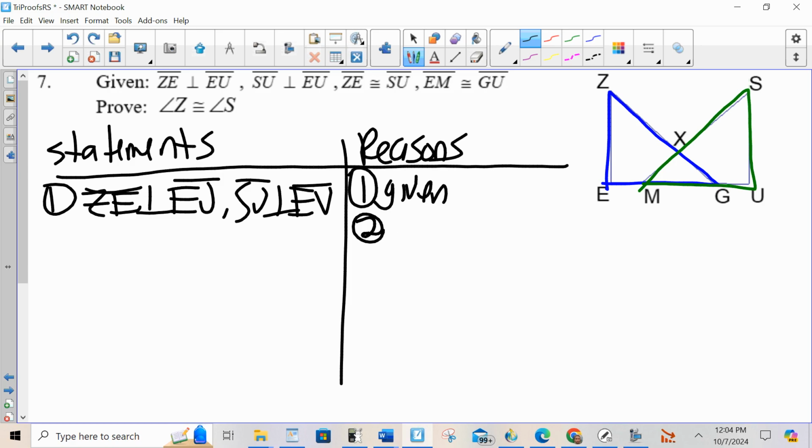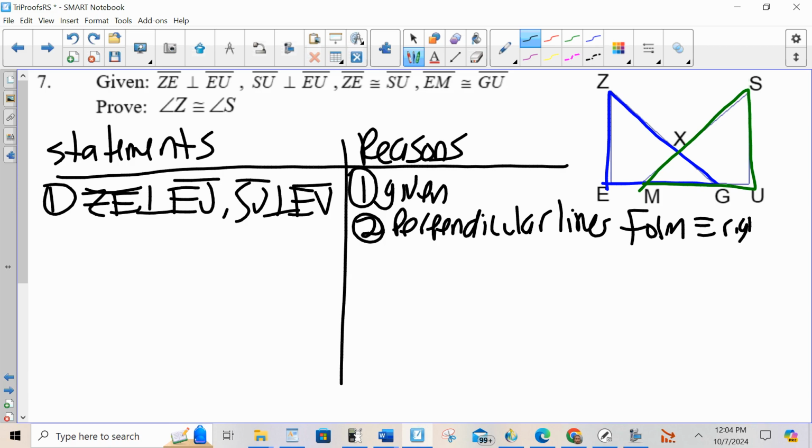I know that perpendicular lines form congruent right angles. So there's one, there's the other. Angle ZEG is congruent to angle SUM.